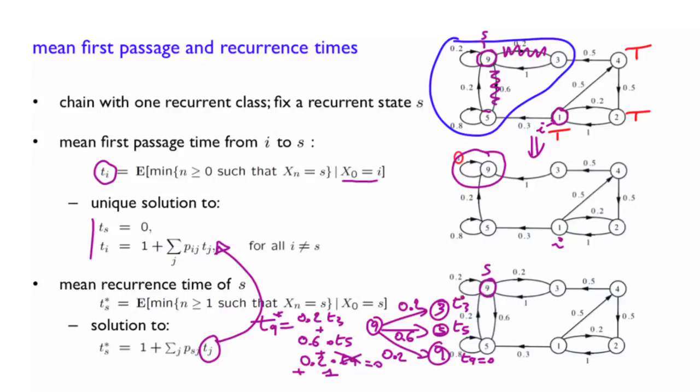You can do a transition onto yourself, you can go to 3, or you can go to 6. After that transition, which counts for the number 1 here, what happened is you are trying to find the solution to this system, which is the mean first passage time from the current state where you are to 9. And then when you put these two things together, you get the mean recurrence time of 9.